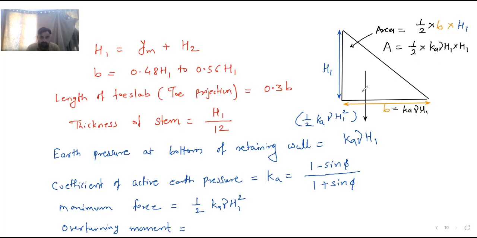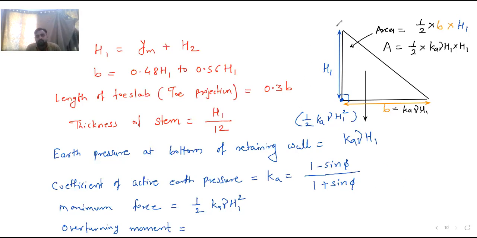So the overturning moment we will calculate about this point, the toe. So we take the moment on the left hand side. Here this angle is 90 degree. So this force is acting like this, Ka into gamma into H. If the wall is horizontal, then it will also act horizontal.